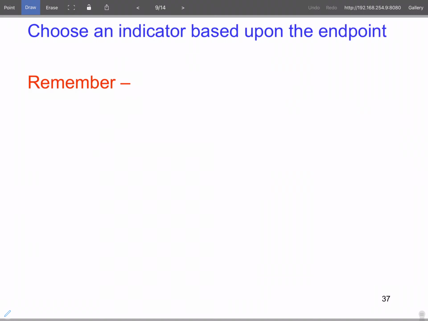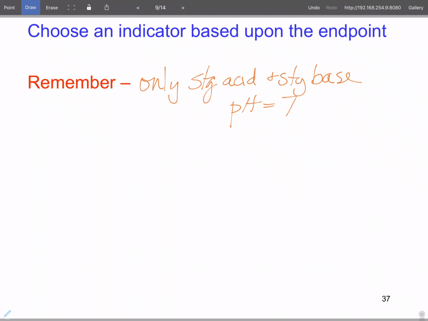All right, now the tricky part is the indicator. You need an indicator that is based upon your endpoint. Okay, so remember a couple things. One, only strong acids plus strong bases have a pH equal to 7. Those are the only ones.